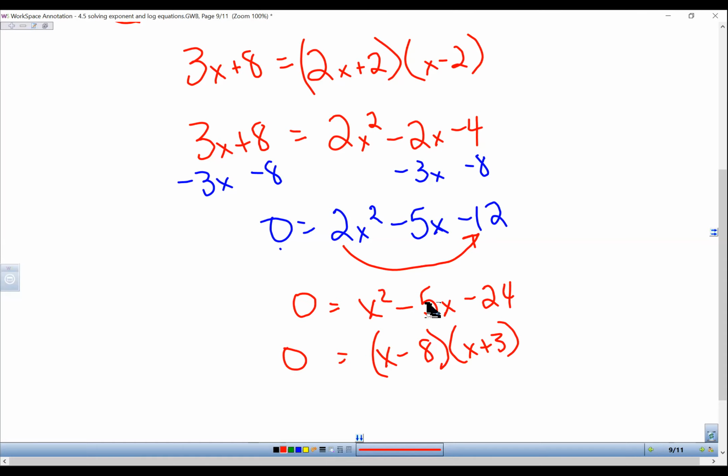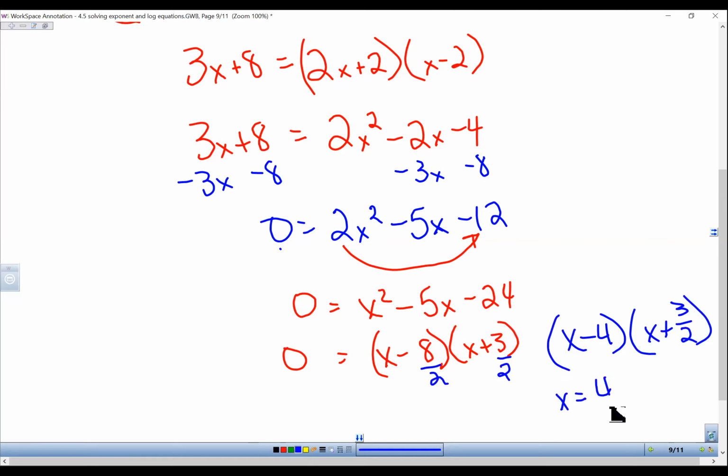Remember, once you factor, then you're going to bring that 2 back and divide. So we're going to divide both of these by 2. So we get x minus 4 times x plus 3 halves. And that's going to give us a solution of either 4 or negative 3 over 2.